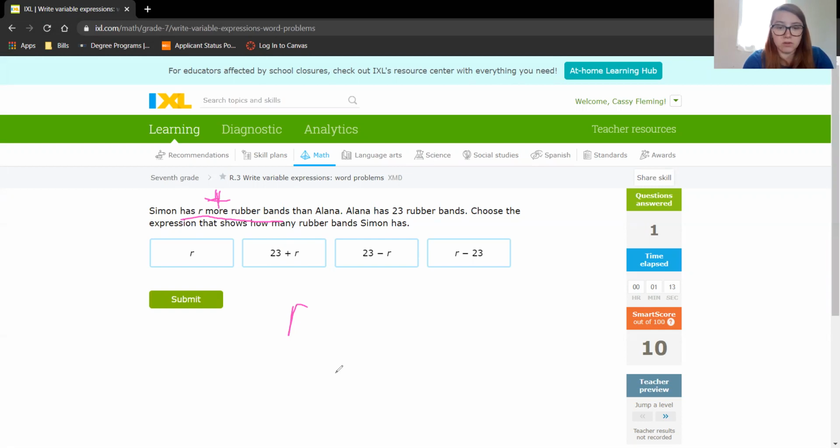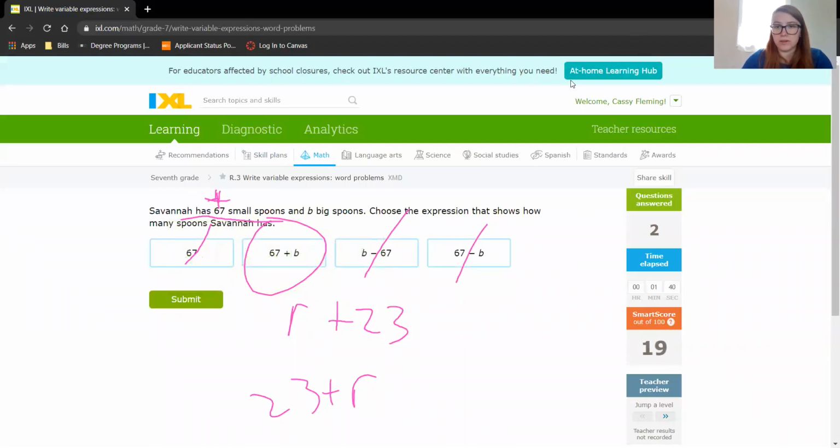So we know whatever it is, we're going to need to add 23. So whether it looks like R plus 23 or 23 plus R, we know that needs to be our answer. This one is subtraction, this one is subtraction, this one has no addition, which leaves us with that as our answer. I'll click it, and I'll do one more in this section.